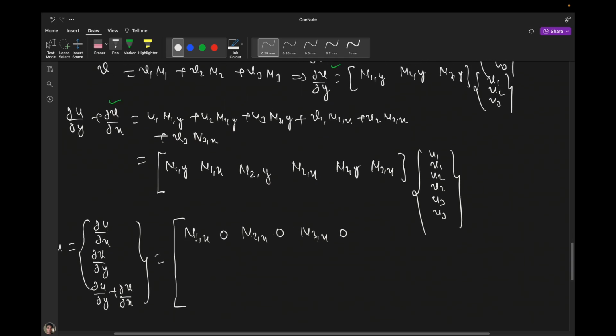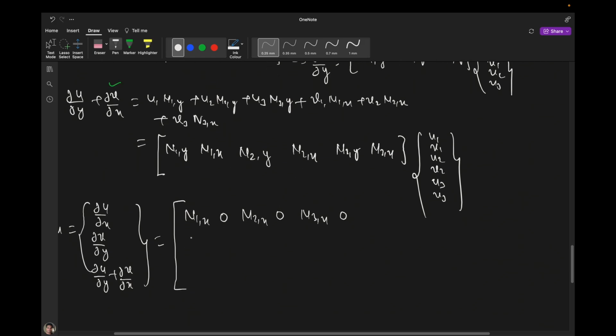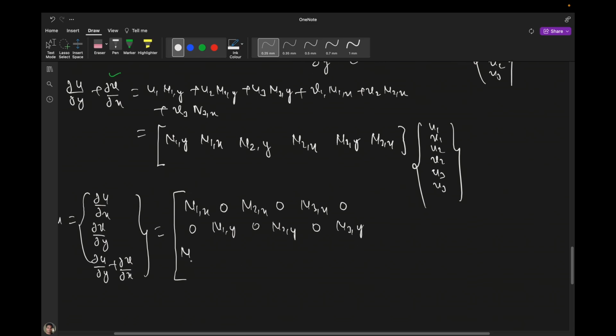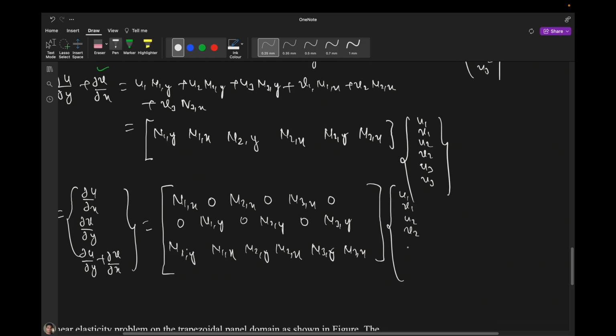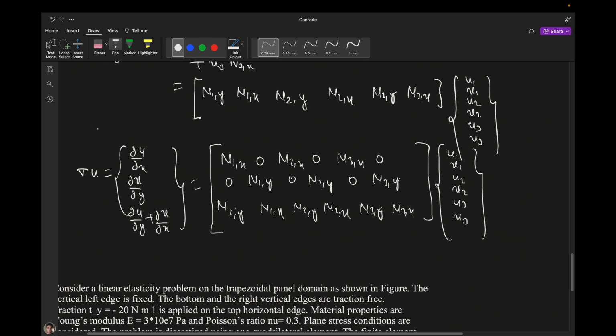So there will be how many entries? 6. Now the second row will be 0 n1y, 0 n2y, 0 n3y. Now what will be the third entry? n1y n1x, n2y n2x, n3y and n3x, and here it will be u1 v1, u2 v2, u3 and v3.